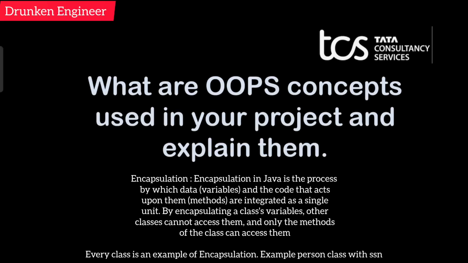By encapsulating a class, variables cannot be accessed by other classes, and only the methods of the class can access them. Every class is an example of encapsulation. If you design the code properly, every class where you see private variables and public setters and getters, that is how we achieve encapsulation.